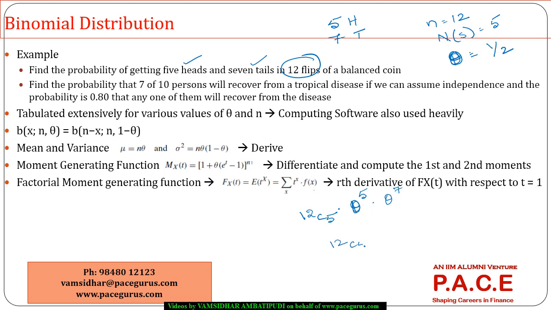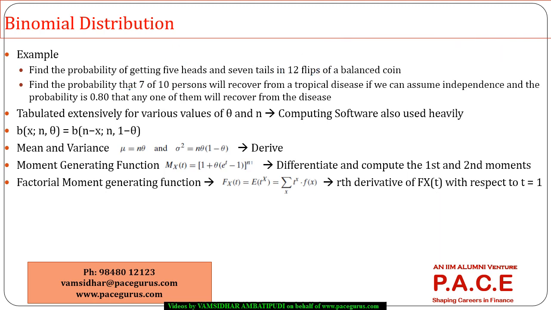So you make it 12C5 half to the power 5, and again 1 minus half is also half to the power 7. So it becomes 12C5 into 1 by 2 to the power 12, whatever it is. This gives me the probability of getting 5 heads and 7 tails in 12 flips of a balanced coin.